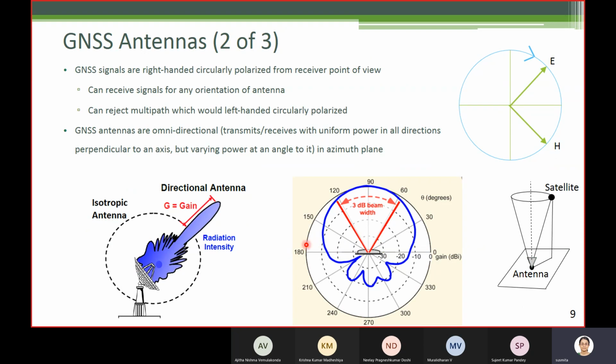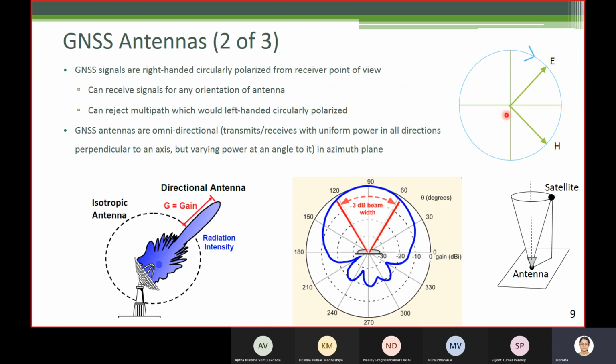Okay. So we discussed that GNSS signals are right-handed circularly polarized from the receiver point of view. If the receiver is where you are, you would see this as right-handed circular polarization.